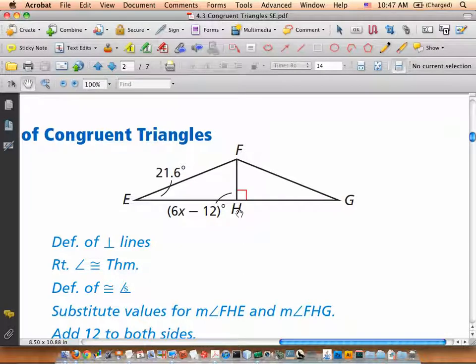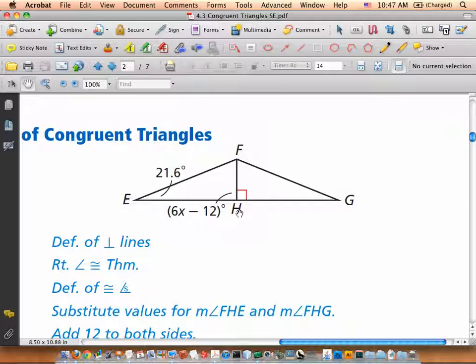What has to be true about this triangle if I want to figure out what x is? Is 6x minus 12 equal to 180? Does that make sense logically? I don't think it does. No, not 180 degrees.